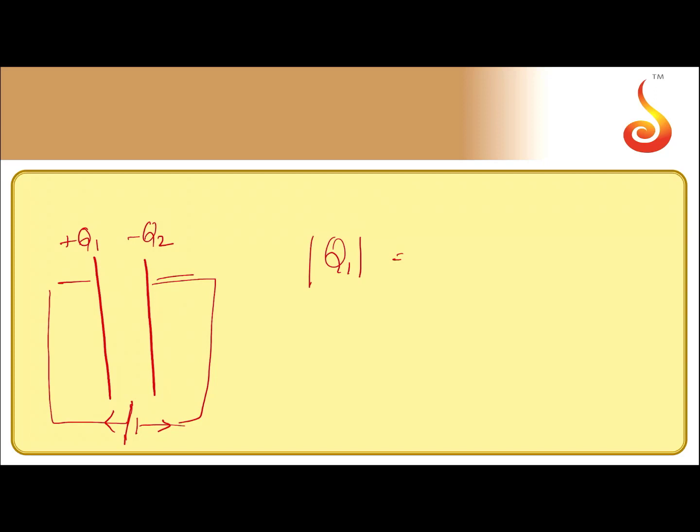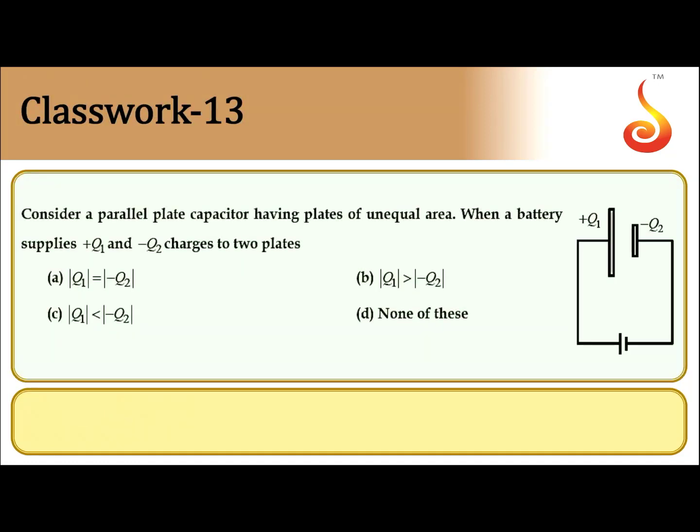So, magnitude wise Q1 and Q2 are equal. But one plate gets positive charge, the other plate gets negative charge. Therefore, we can write Q1 magnitude is equal to minus Q2. So, the charges are equal. So, value of Q1 and that of Q2 are equal to each other.